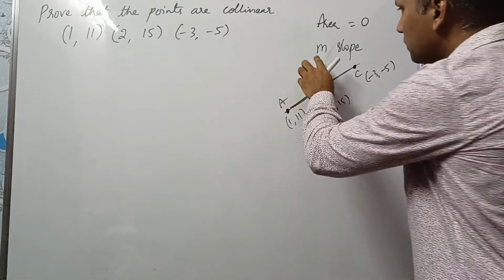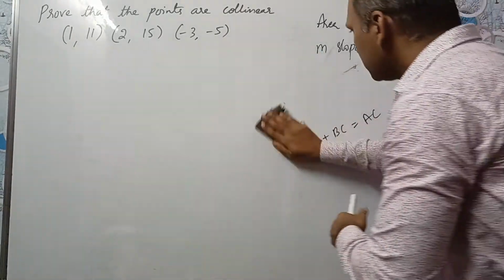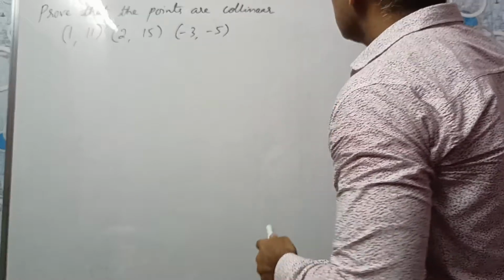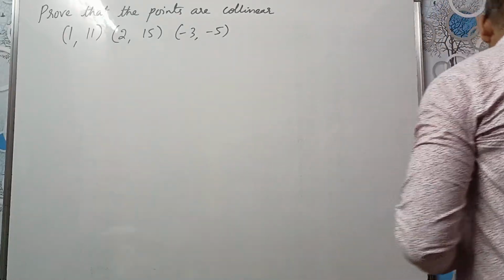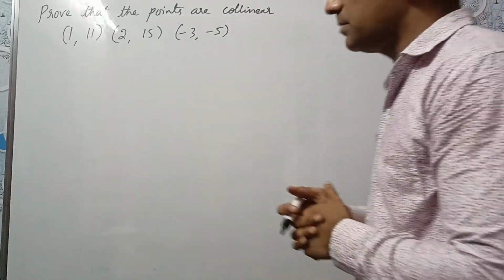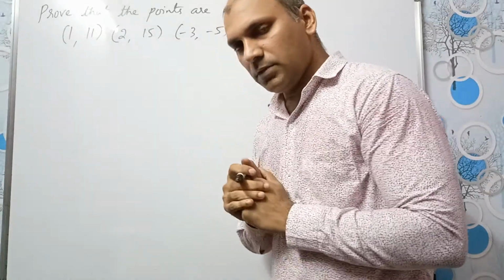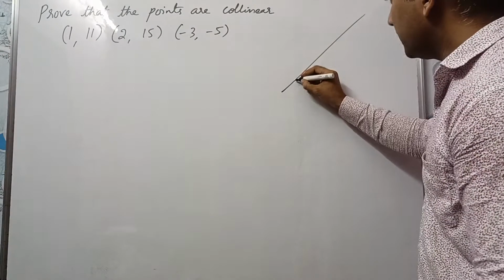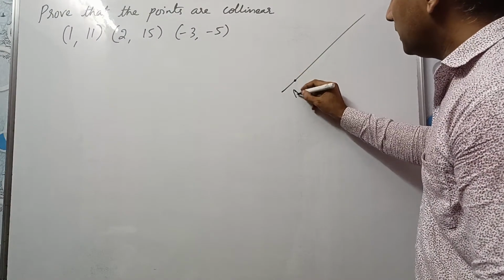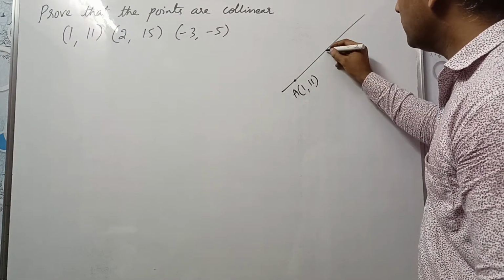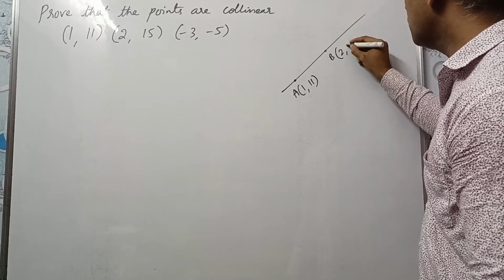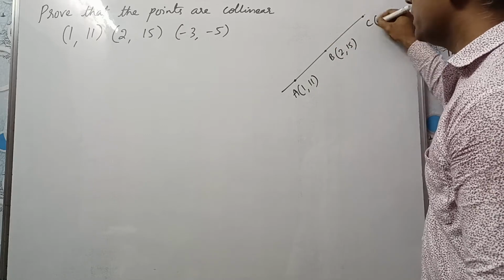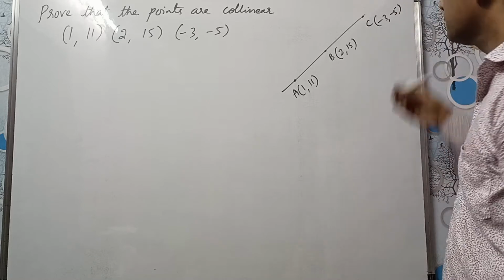In this video we have learned only the slope. So using slope, let us see how to prove that these 3 points are collinear to each other. What should be the concept here? What are collinear points? Points which lie on the same straight line. Okay, let us say this is A (1, 11) and this is B (2, 15) and this is point C (-3, -5).